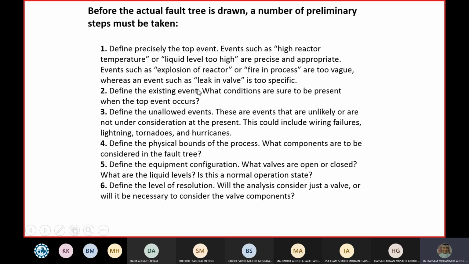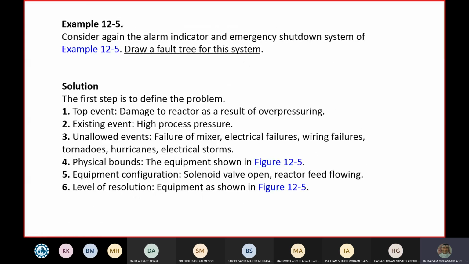Why did the overpressure happen? Number 3, what are the events that cause the next event, which are the intermediate events? And then you need information about the physical information. That means what alarm do you have? What is your system? What equipment do you have? And then you need some more information about the valves and so on.